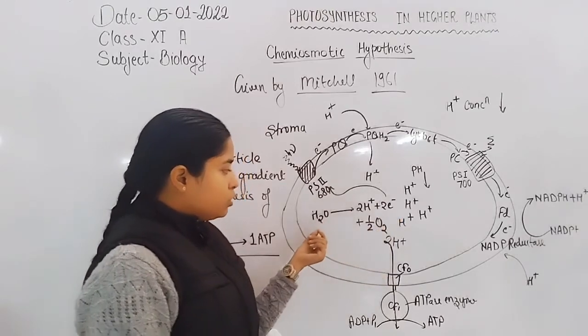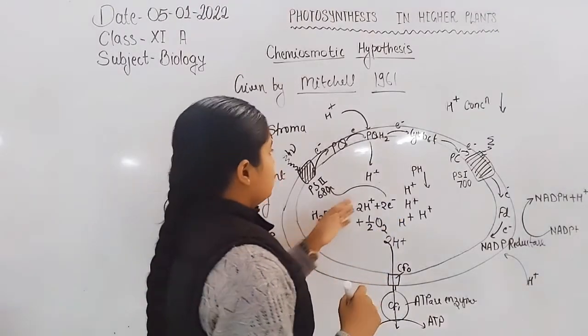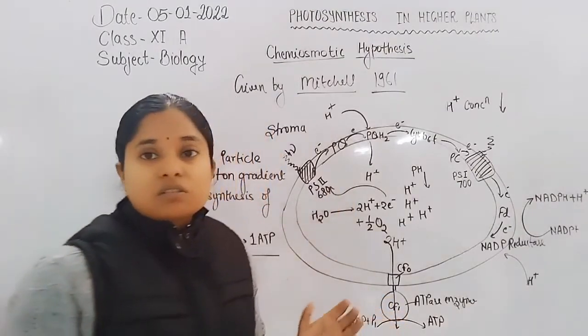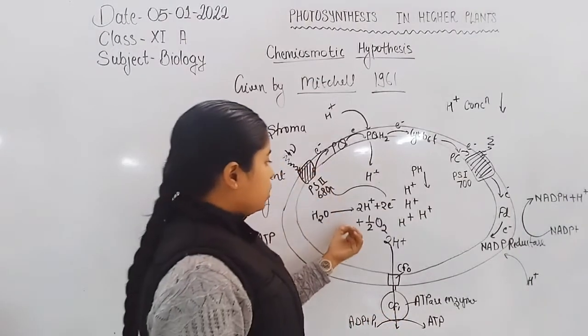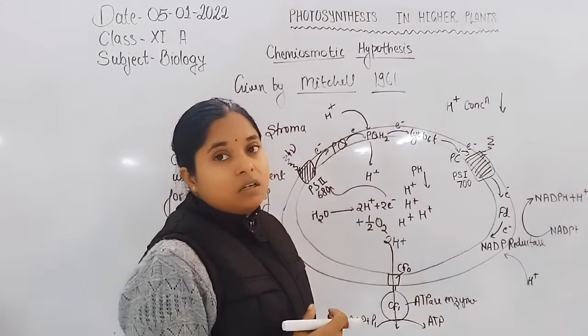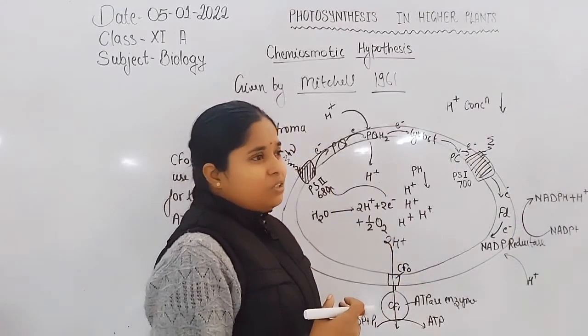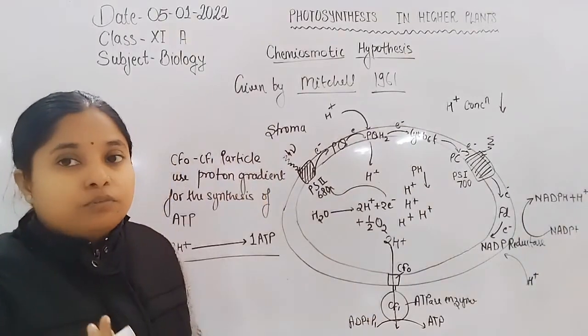That's why during photosynthesis oxygen molecule evolves, it is not used. But in the respiration process oxygen is used, not evolved. So this is the difference between phosphorylation and photophosphorylation.